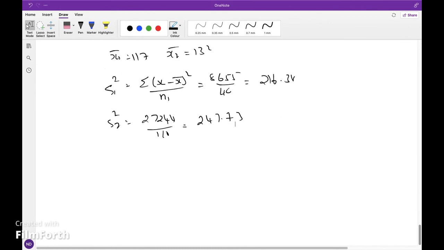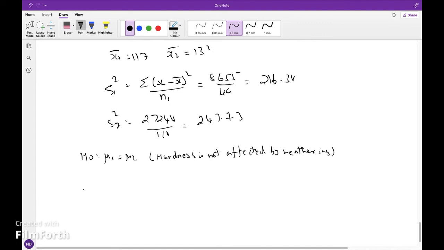Now the null hypothesis: mu1 equal to mu2. Hardness is not affected by weathering. The alternative hypothesis: mu1 is not equal to mu2.